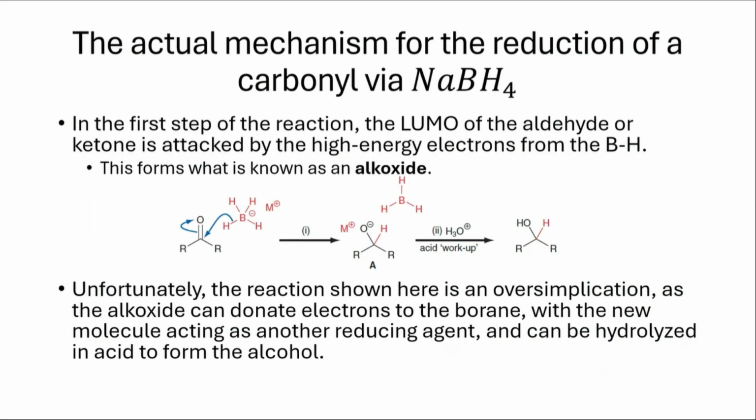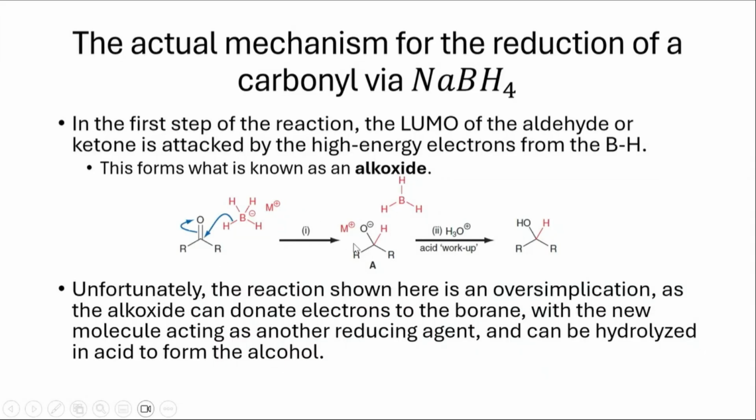So right here's an example of how we can use a reducing agent, sodium borohydride, for the reduction of a carbonyl. In the first step, the LUMO of the aldehyde or ketone is attacked by the high energy electrons from the boron-hydrogen bond, and this will form an alkoxide.